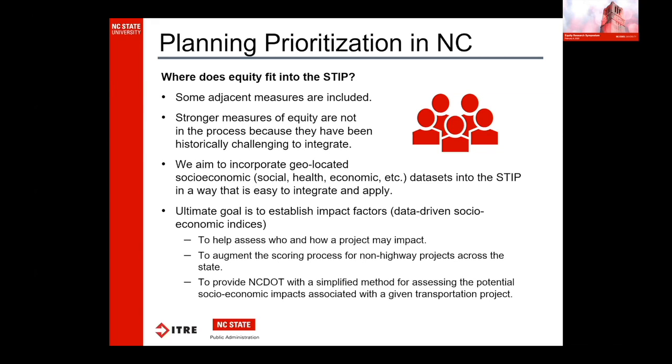And so we're trying to establish indices that ultimately help assess who and how a project may impact a community, and to augment that scoring process for everything but those highway projects. So pedestrian and transit projects, for example, to ultimately provide NCDOT with a way to look at equity as part of their project decision-making process.